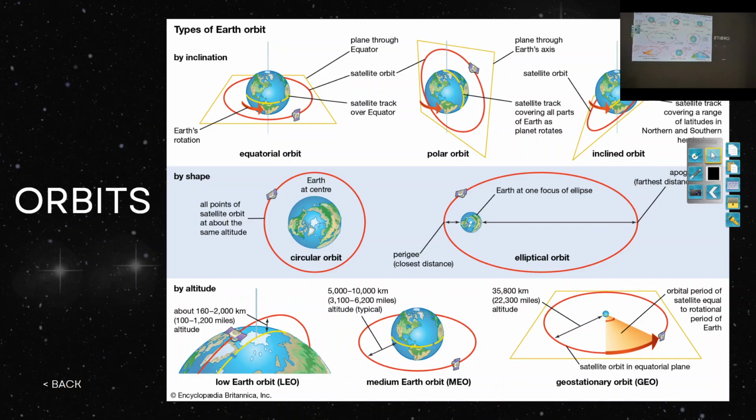So, inclination, we have this equatorial orbit, it will be just above the equator. So, geostationary will also be just above the equator, at the height of 36,000 kilometer. And then we have polar orbit, which goes around the earth's pole, and it will be placed in the low earth orbit only. Even sun synchronous will be placed in the low earth orbit only, going towards the poles.